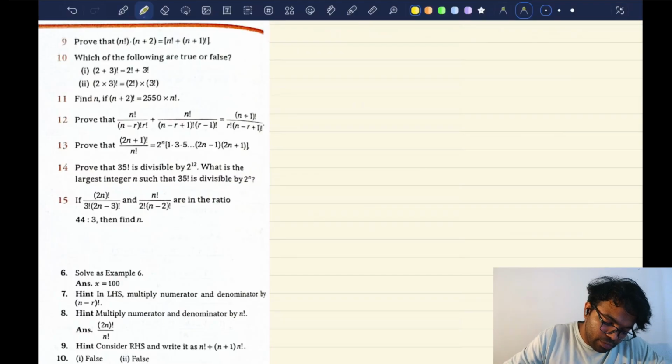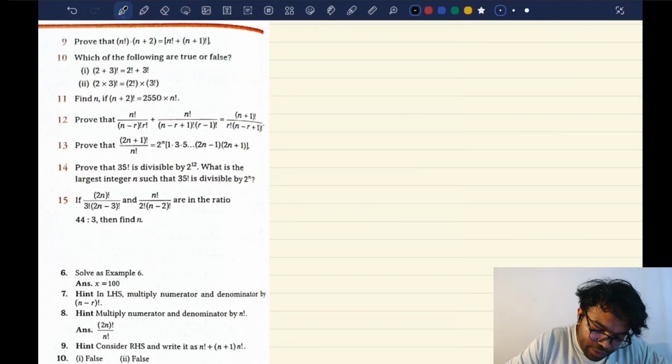Next, find n if n plus 2 factorial is equal to 2550 multiplied by n factorial.